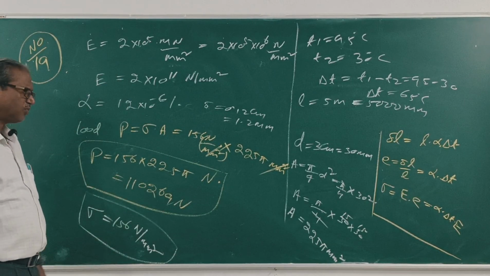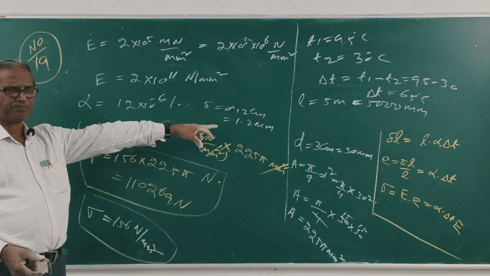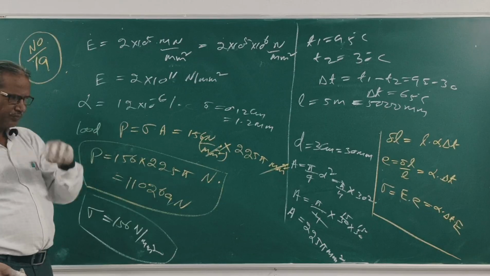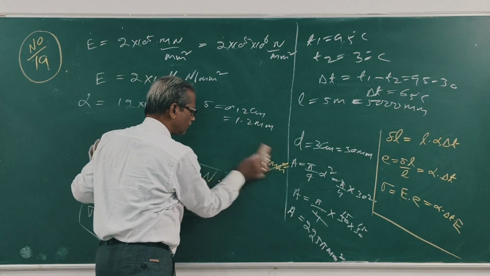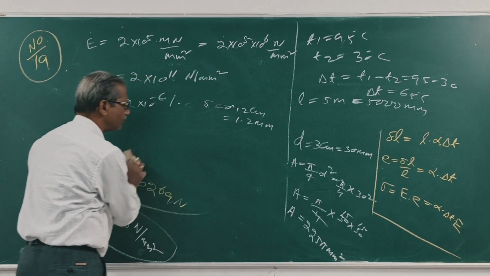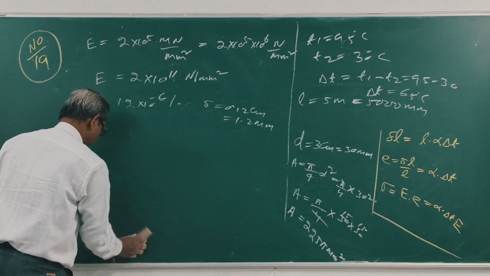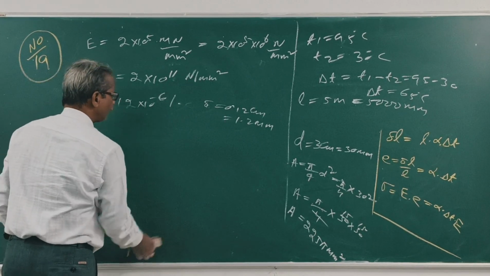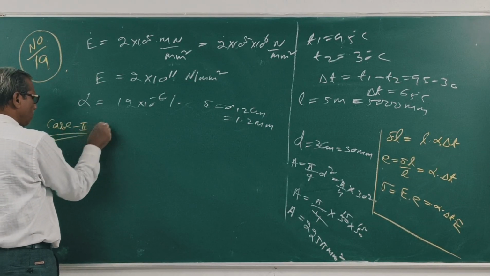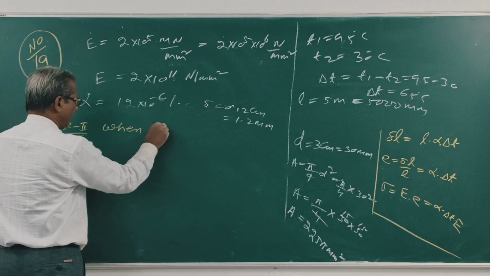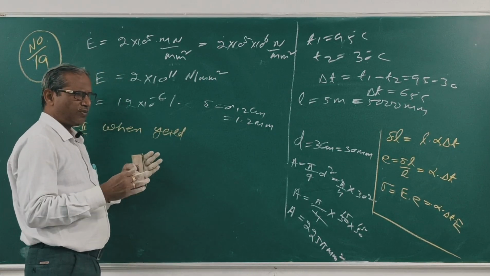Case 2, when the supports yield by an amount 0.12 cm, that is 1.2 mm. This is case 2. Yield means the supports come nearer to each other.